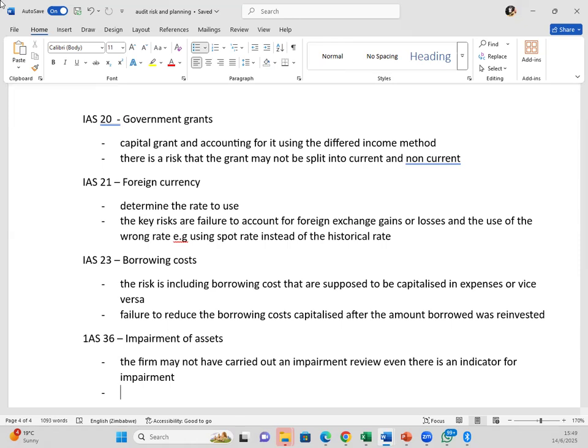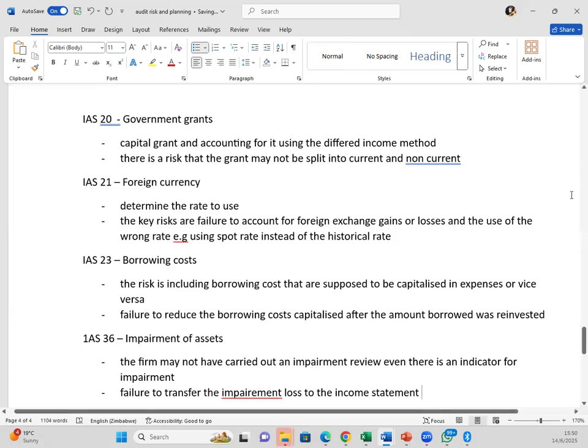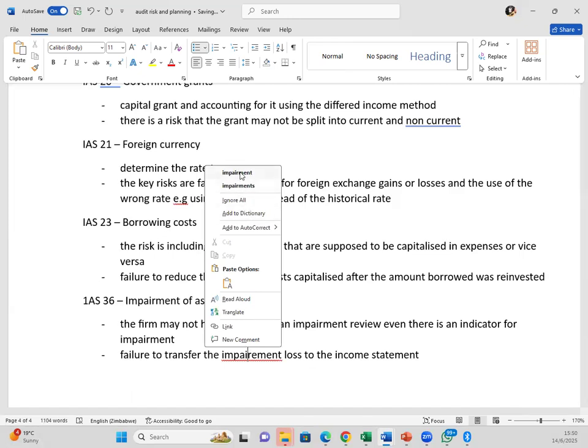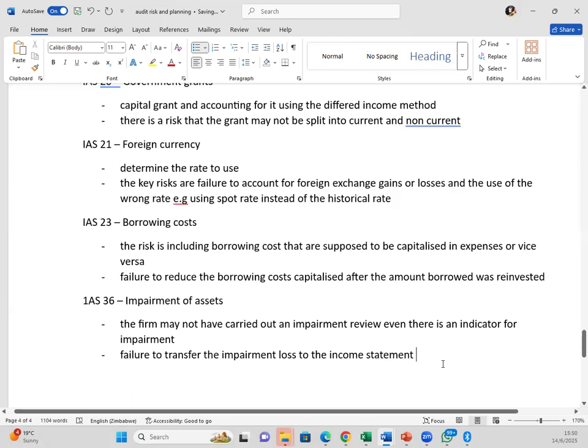Besides the issue of not carrying out an impairment review, the other problem we might face for IAS 36 is failure to transfer the impairment loss to the income statement.